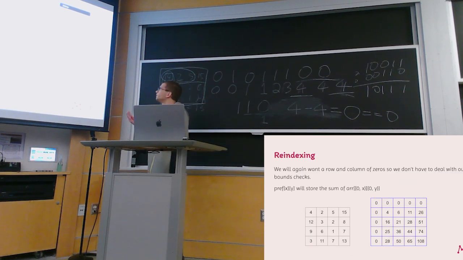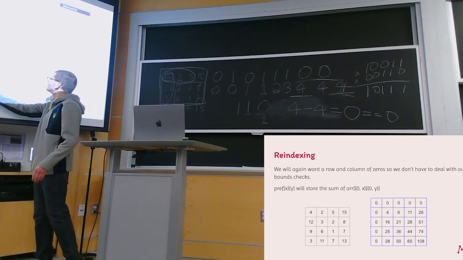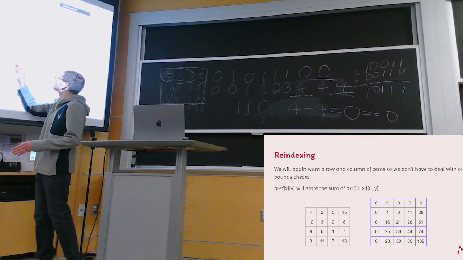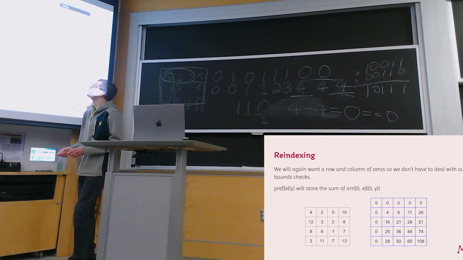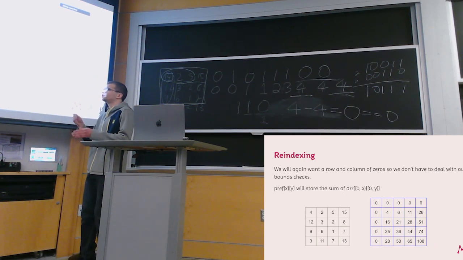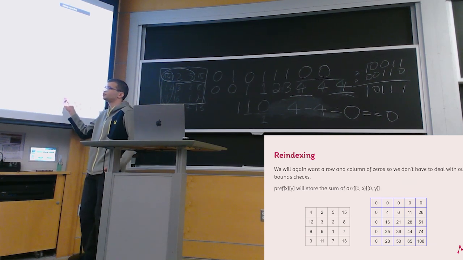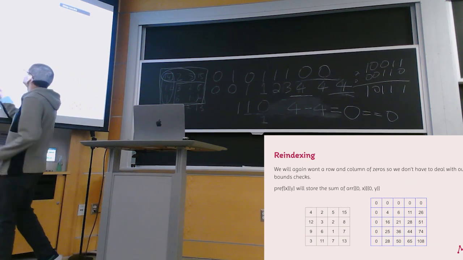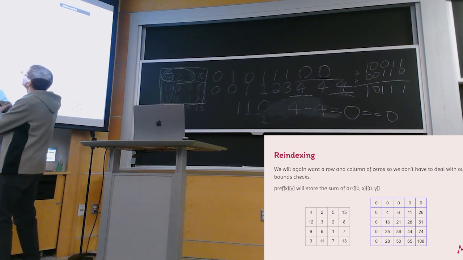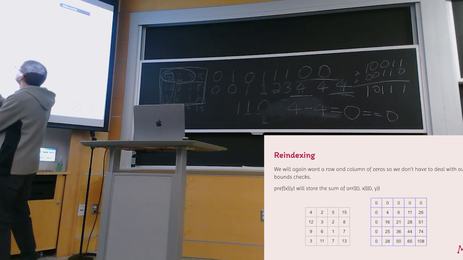So instead we pad our prefix sum array with zeros on the top and the left. One way to think about this is one indexing, but another way is that each of the indices represents a half inclusive, exclusive range of which elements it corresponds to.